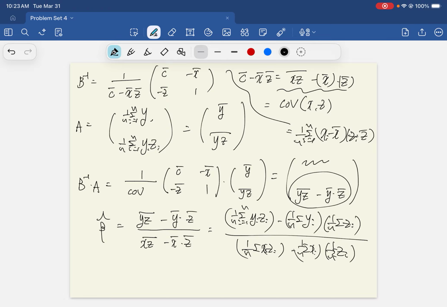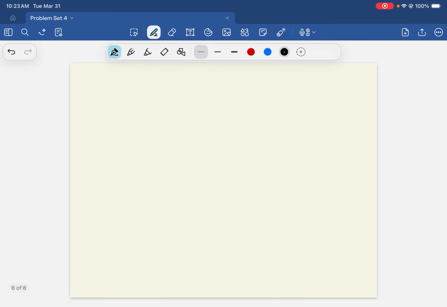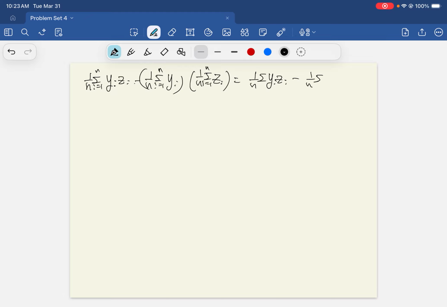If you're curious why it changes, if you think about yizi minus yi times z bar, right?